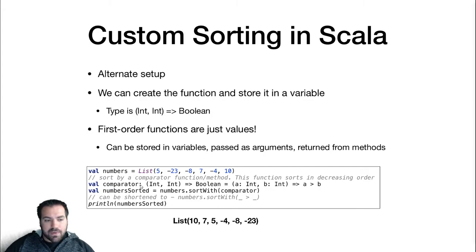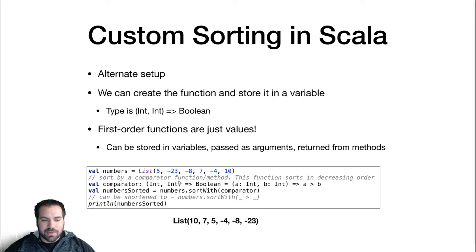Our type for our function is going to be the combination of the types of the parameters and the return type. And we use the same big arrow syntax that we did when we're creating the function itself. So this function takes two ints and returns a boolean. So its type is int, int to boolean using this syntax.